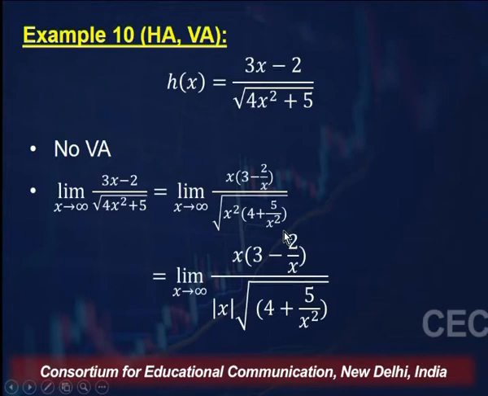I'll get in brackets 4 plus 5 by x squared in the denominator, and the whole thing will be under the square root sign. Now remember from one of the earlier lectures, if you go back to my lecture on absolute value, I told you that mod x is equal to square root of x squared by definition, right? Because mod x is always going to be something non-negative.